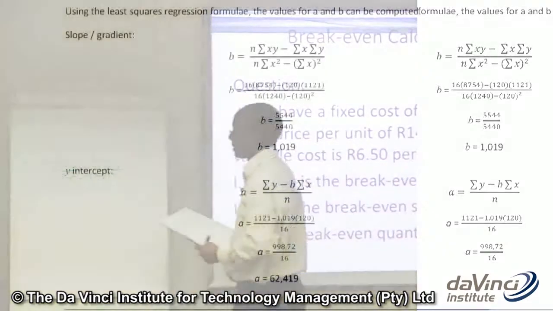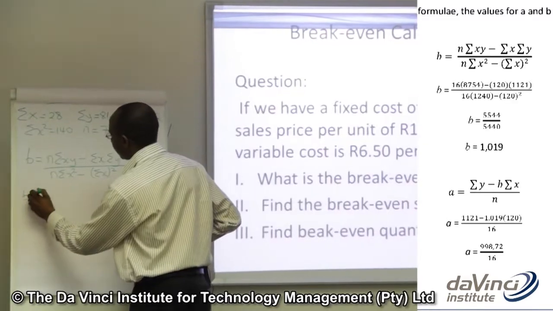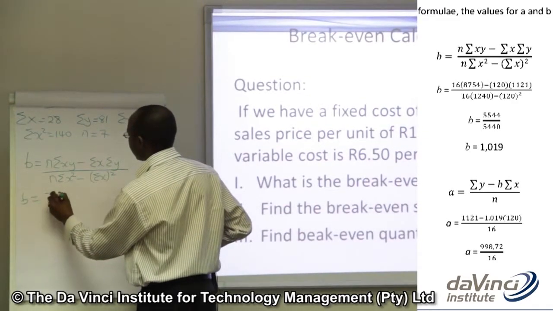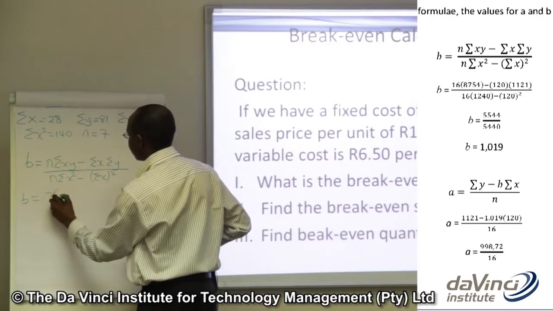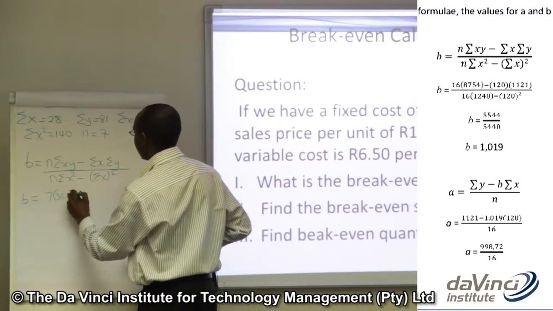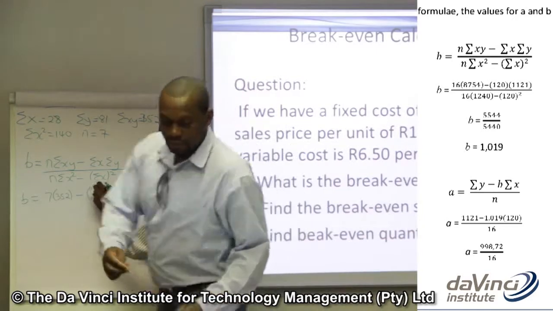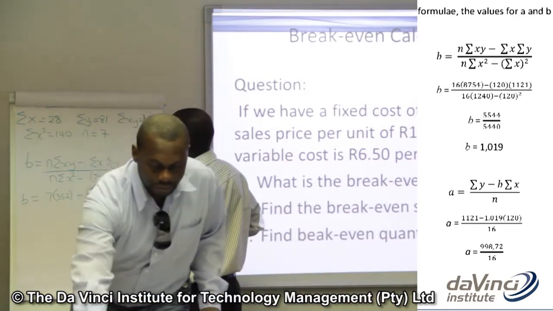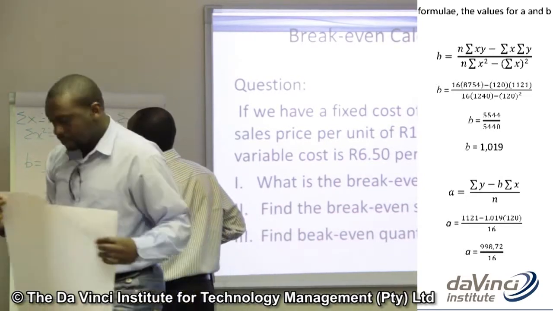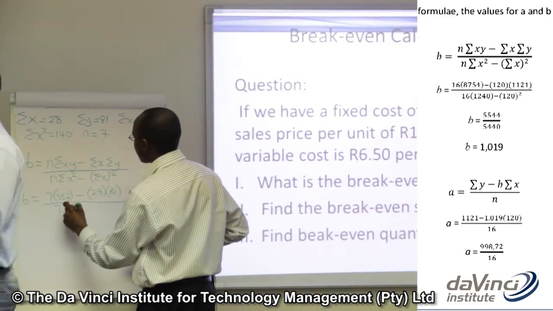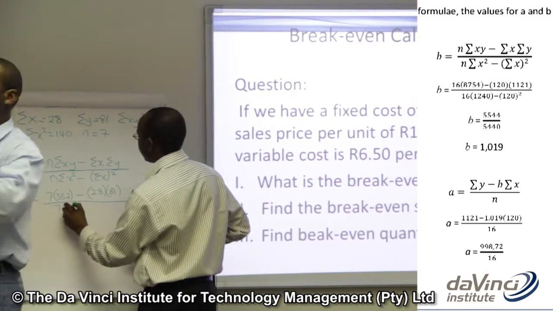So b is equal to 7 times the sum of xy, 352, minus the sum of x times the sum of y, that is 28 by 81, over 7 times 140, minus 28 squared.